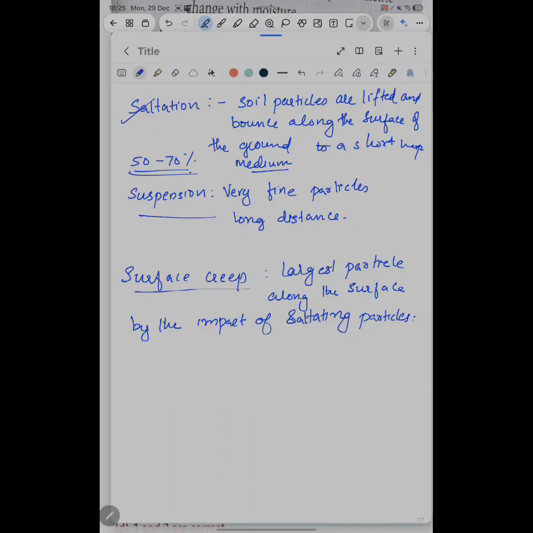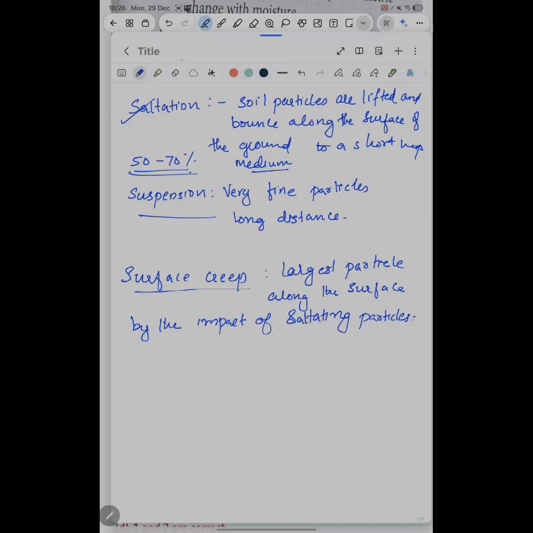In saltation, a large amount of medium sized soil particles is lifted and bounced along the surface to a short hop. In suspension, very fine particles are transported a long distance, high in the air. In surface creep, large sized particles are transported along the surface by the impact of saltating particles.